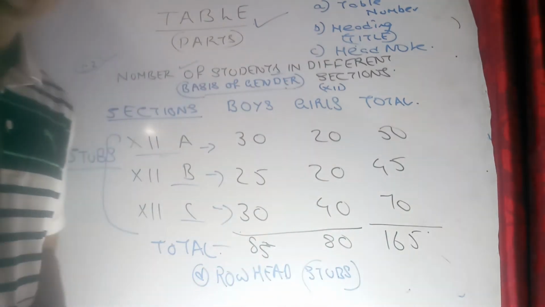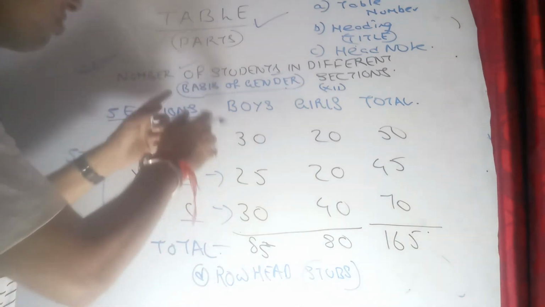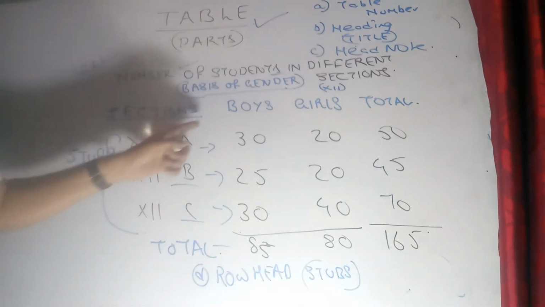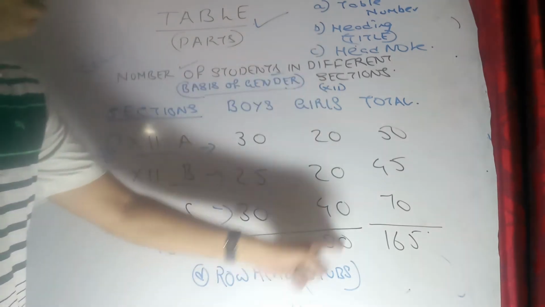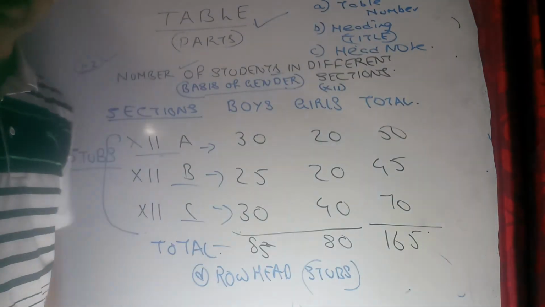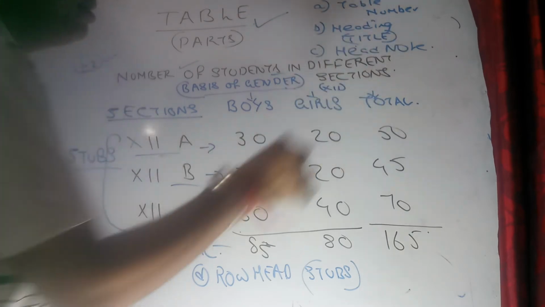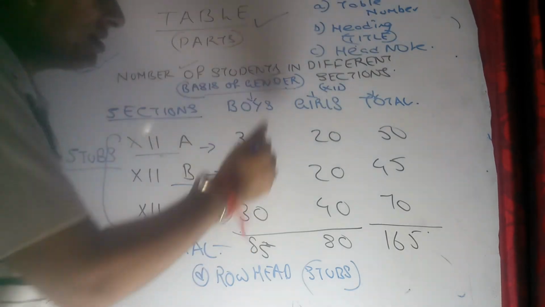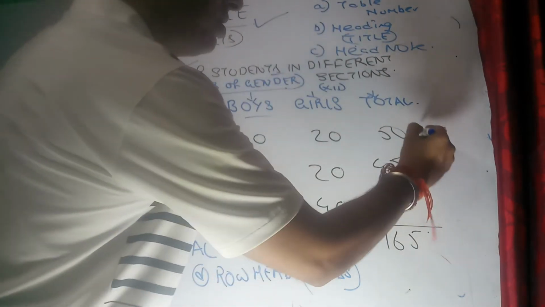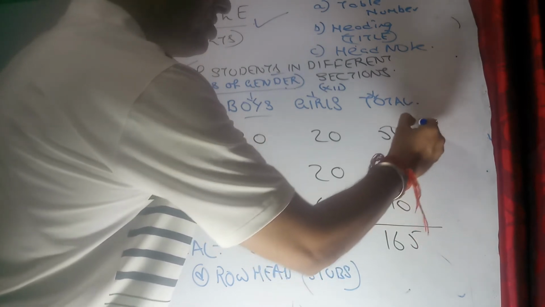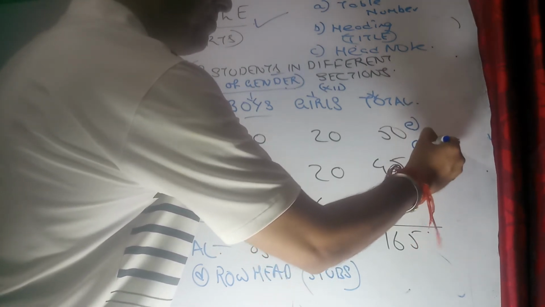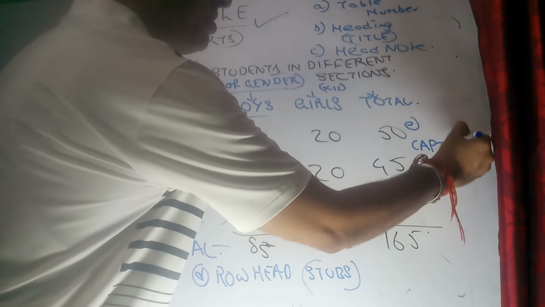Am I clear? Similarly, you will find columns: boys, girls, and there is a total column again. These columns, their headings like boys, girls, total, are referred to as captions. Remember the term?